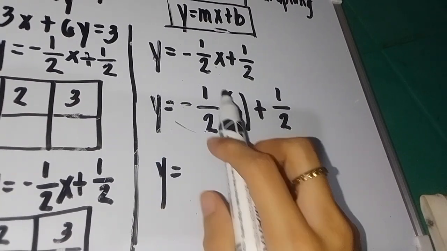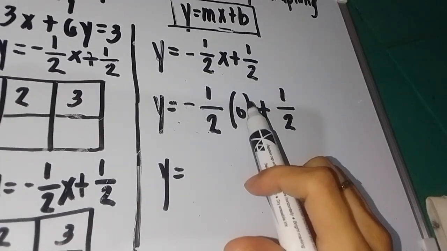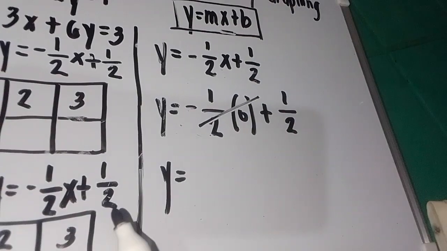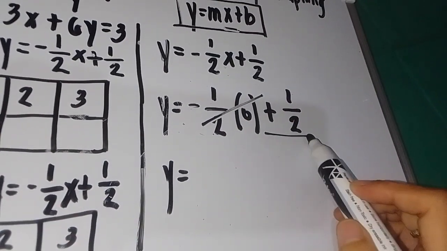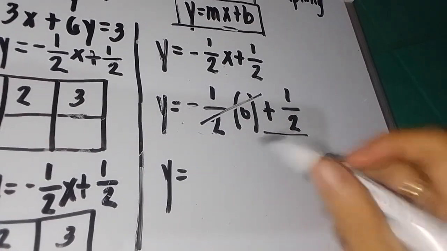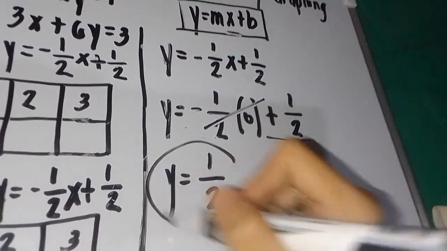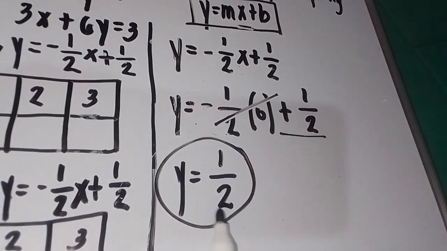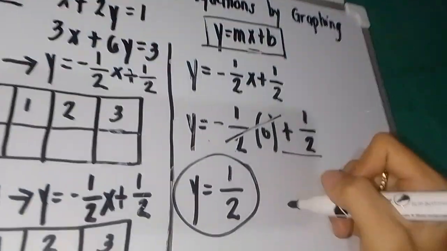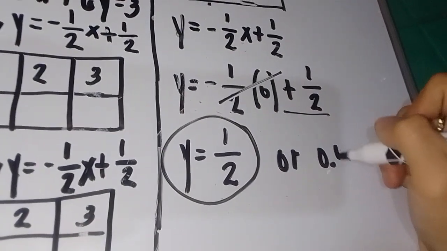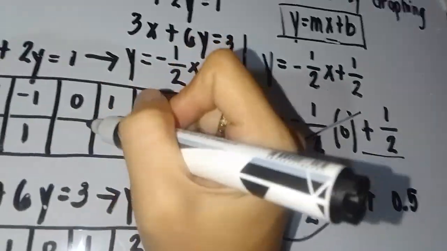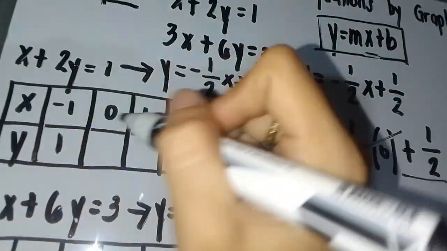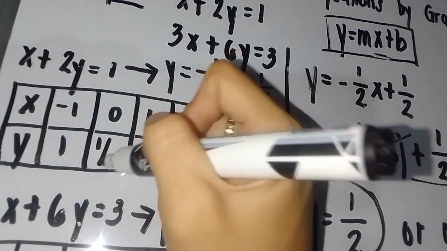Whatever the value of your integer, anything multiplied by 0 is automatically crossed out. It's gone, cancelled. So we are left with the remaining term, positive 1/2. So your final answer is y is 1/2 or 0.5. It can be decimal or fraction. So when x is 0, y is 1/2.